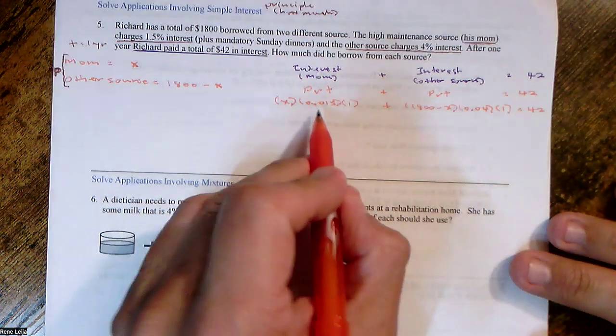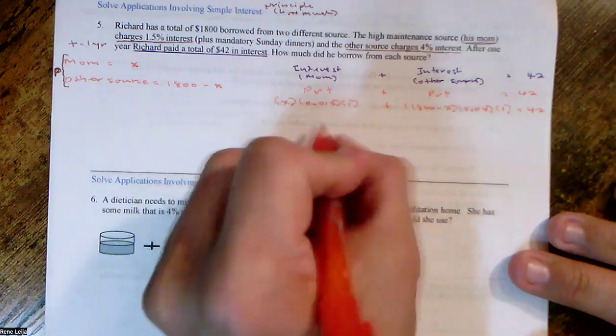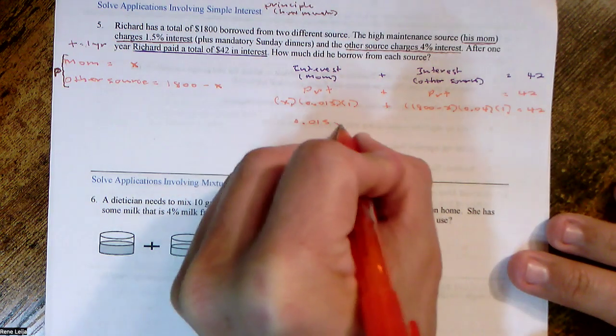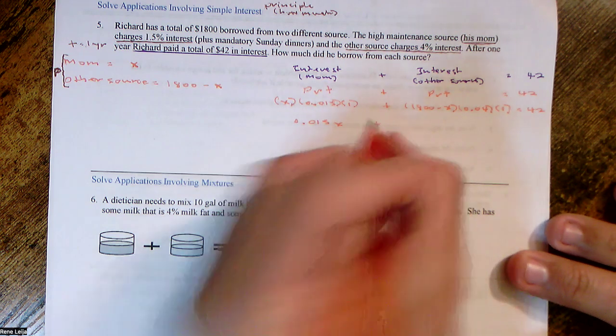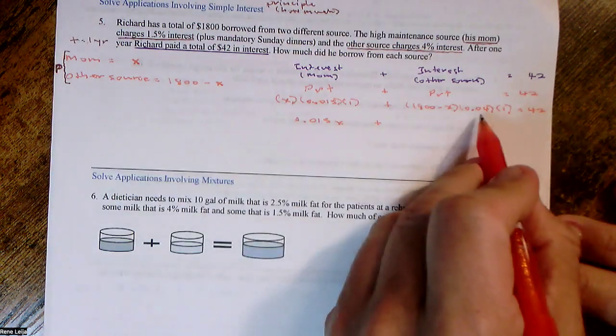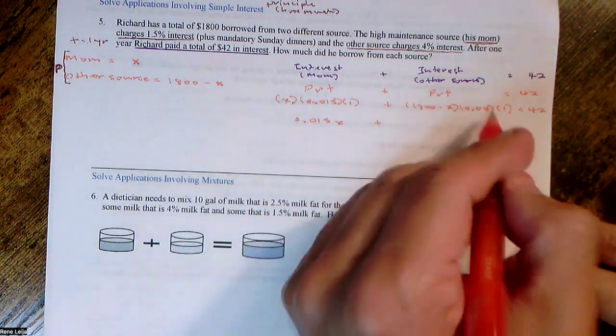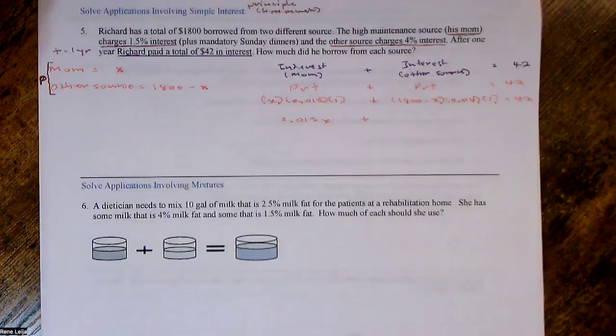So we've got 0.015 times X plus, now we have to be careful here. Now 0.04 times 1 is just 0.04. So we're going to have to distribute. Pull the calculator up and hopefully you'll be able to see. This will be on the video, but if not, I'm going to walk you through.